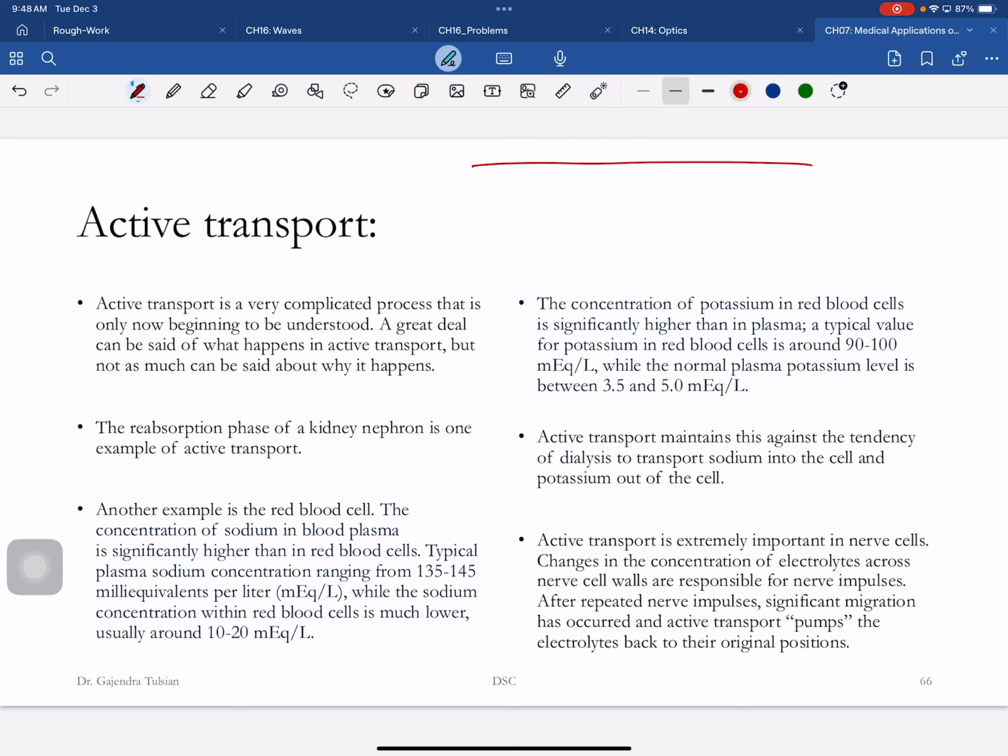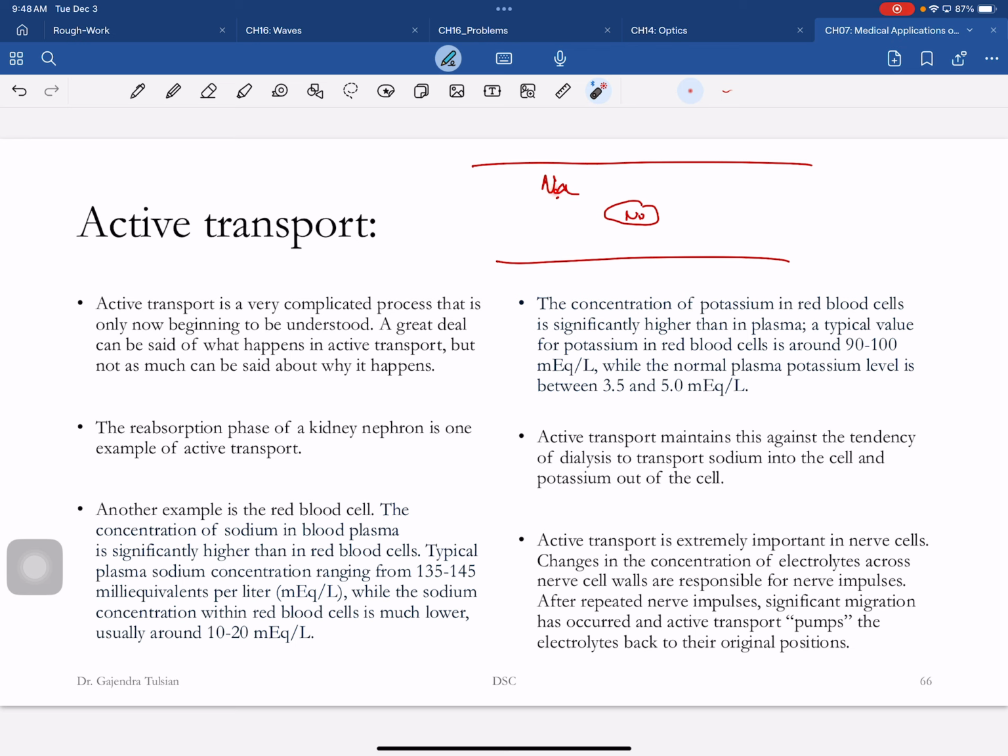So here's your blood vessel, here's the red blood cells. The sodium concentration here is 10 times higher than in the plasma. It's 15 times higher than in here.